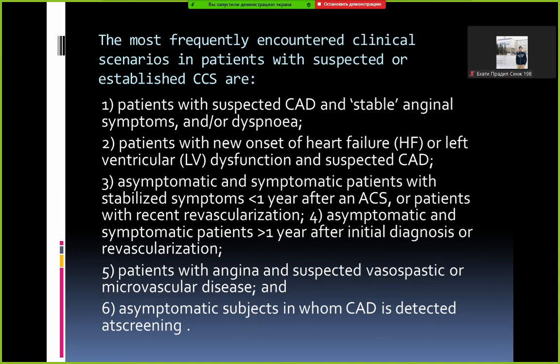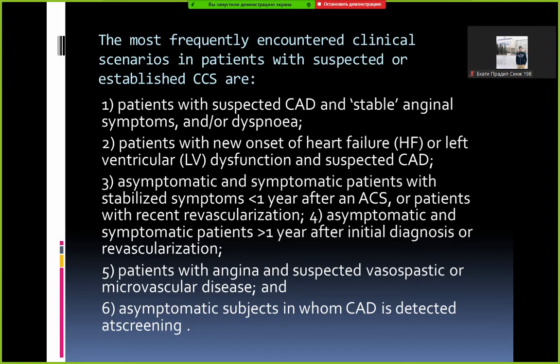The second group, patients with new onset of heart failure or left ventricle dysfunction and suspected coronary artery disease. The next group, asymptomatic and symptomatic patients with stabilized symptoms less than 1 year after an acute coronary syndrome, or patients with recent revascularization.